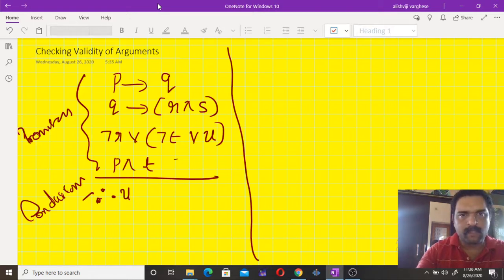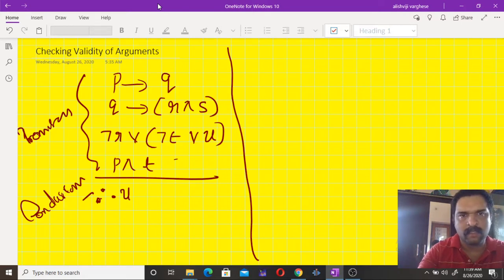We check whether we can arrive at the conclusion U from the premises, or whether we arrive at a contradiction to our conclusion. So we start with the premises and apply the equivalences and logical implications, and see whether we can arrive at the conclusion.